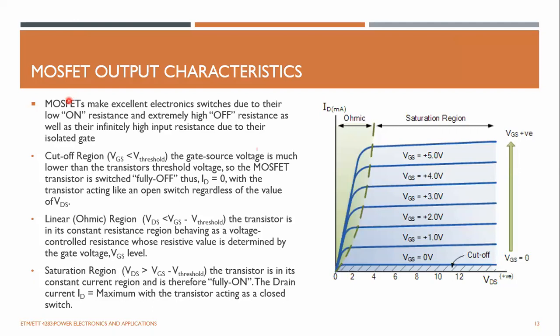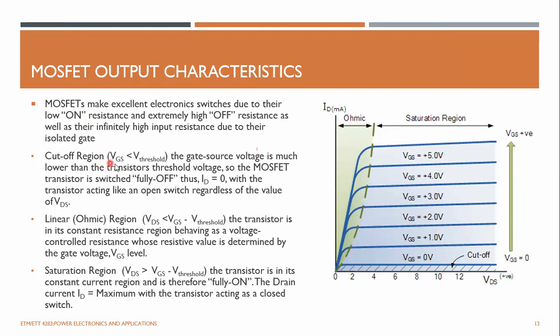Okay, now we move into the characteristics of the MOSFET. As you know, in power electronics, we either operate the MOSFET in the cutoff region or in the saturation region. The linear region is also used in biasing the MOSFET.